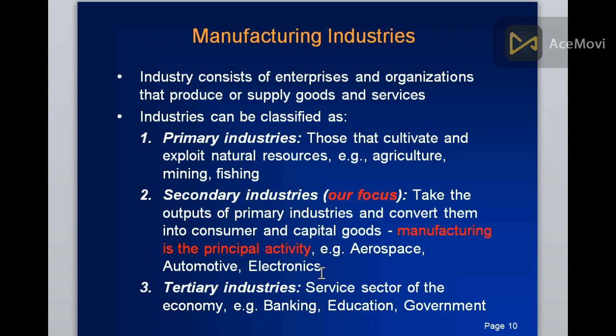Manufacturing industries. There are three types of industries: primary, secondary, and tertiary. We are focused on the secondary industries because manufacturing is the principal activity. Primary industry includes mining and agriculture, which is natural. Tertiary includes banking and education, and secondary is manufacturing-related industry.